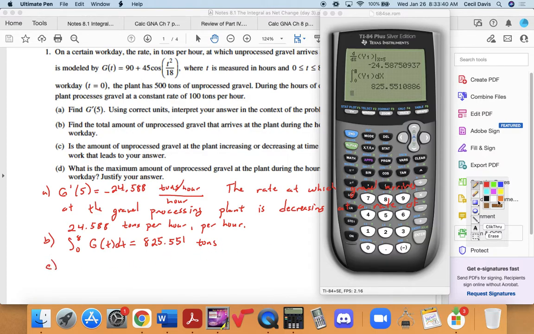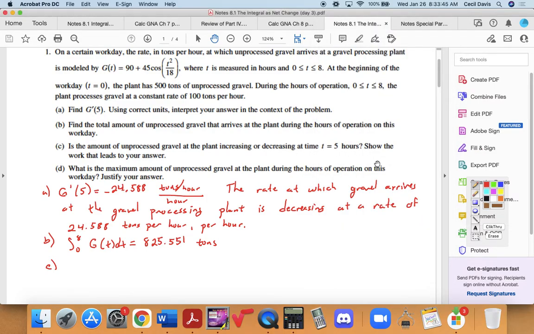Part C. Is the amount of unprocessed gravel at the plant increasing or decreasing at time t equal to 5 hours? You can't answer this yet. No. You got to do some calculations. So is the amount increasing or decreasing?